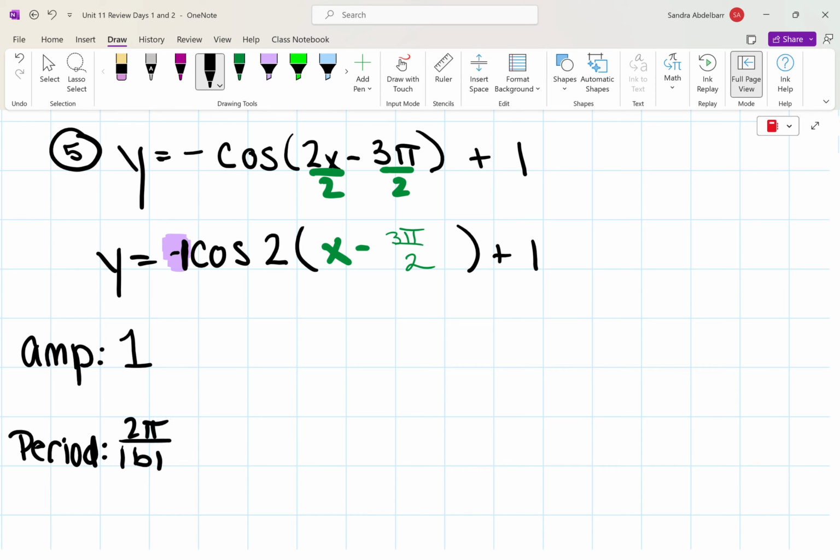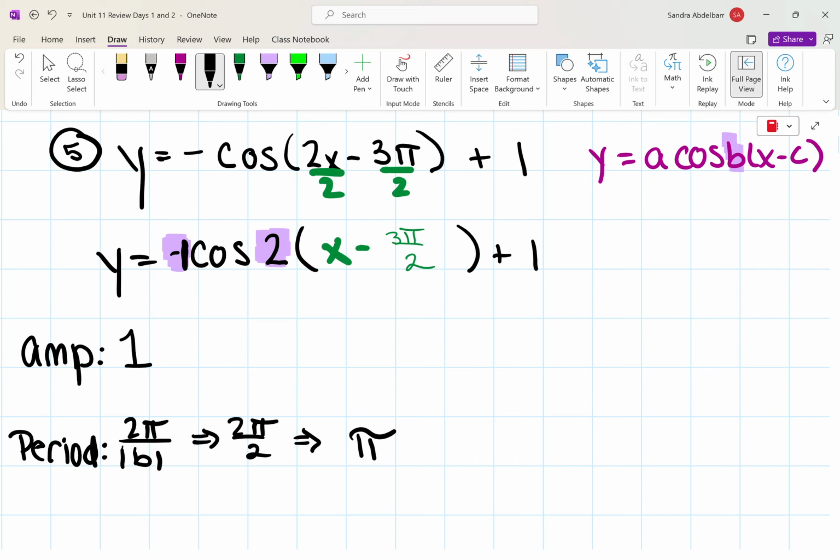Remember, it is y equals a cosine b parentheses x minus c. So our b is the number that's right before the parentheses. What's our b here? 2. So our period is going to be 2 pi divided by 2, which is just pi. That means we'll make one full graph between 0 and pi. That's what it means.